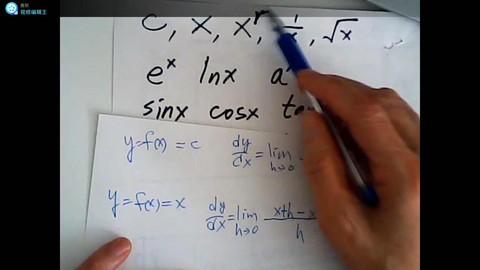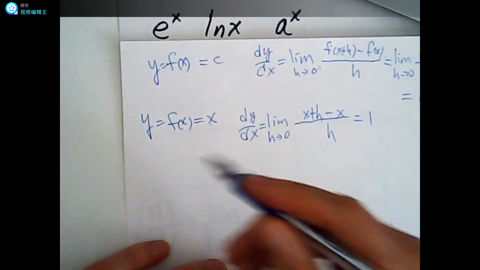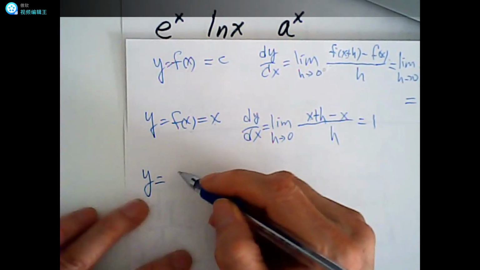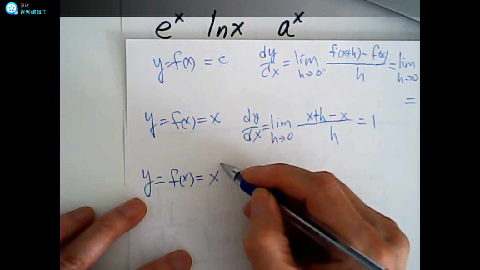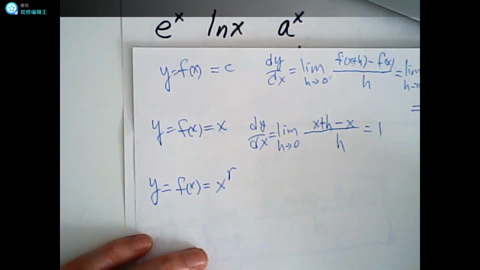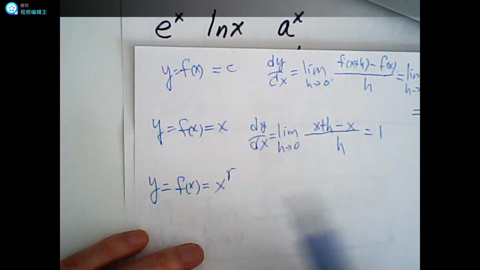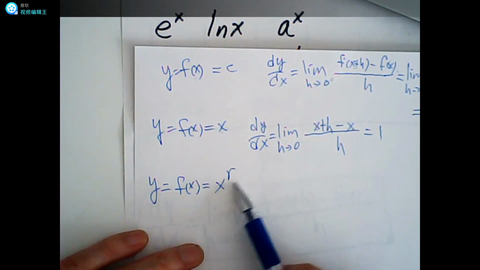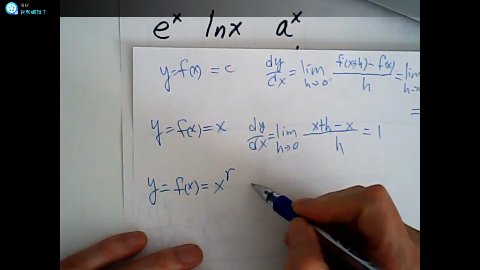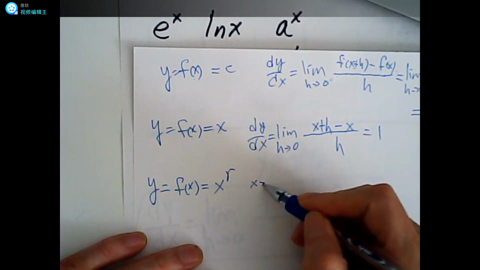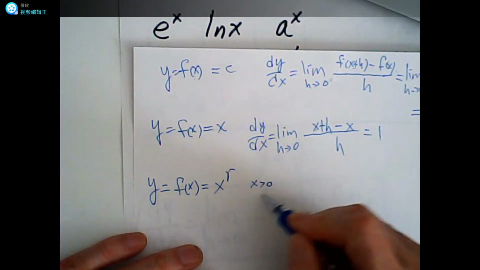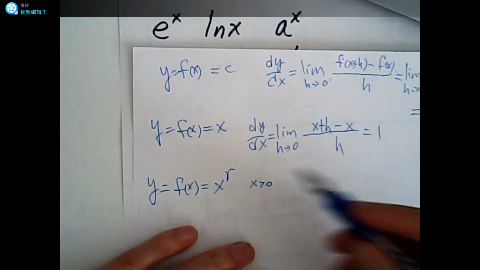Now the power function, y is equal to f of x equal to x to the power of r. Say x is positive, right? x is not equal to 0.